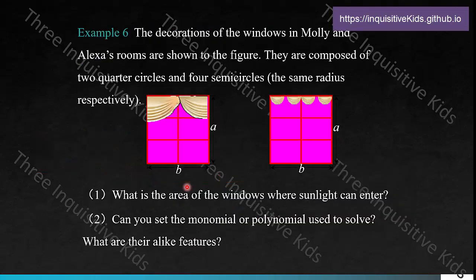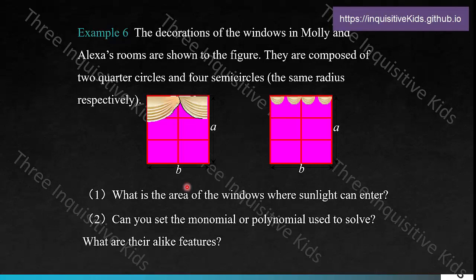Example 6. The decorations of the windows in Molly's and Alexa's rooms are shown in the figure. They're composed of 2 quarter circles and 4 semicircles, the same radius, respectively. 1. What is the area of the windows where sunlight can enter? 2. Can you see the monomial or polynomial used to solve?